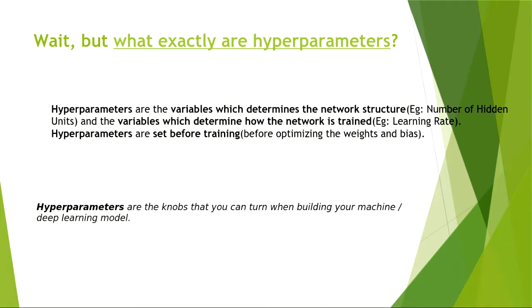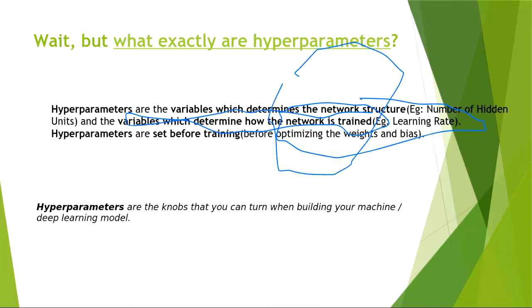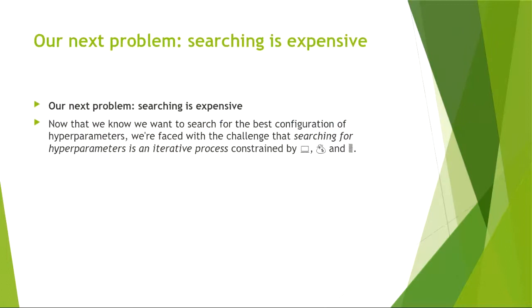For example, how we train students is the learning rate for the student, and every student has his or her own learning rate.